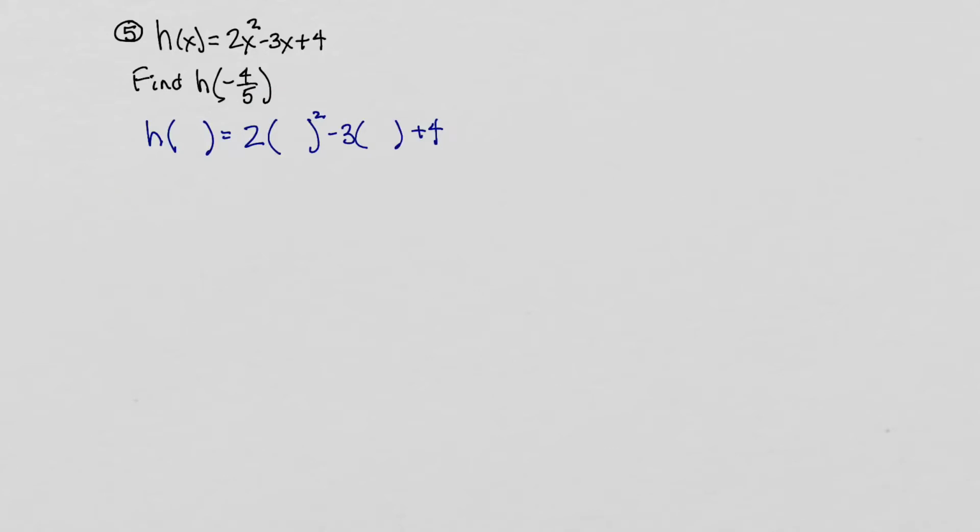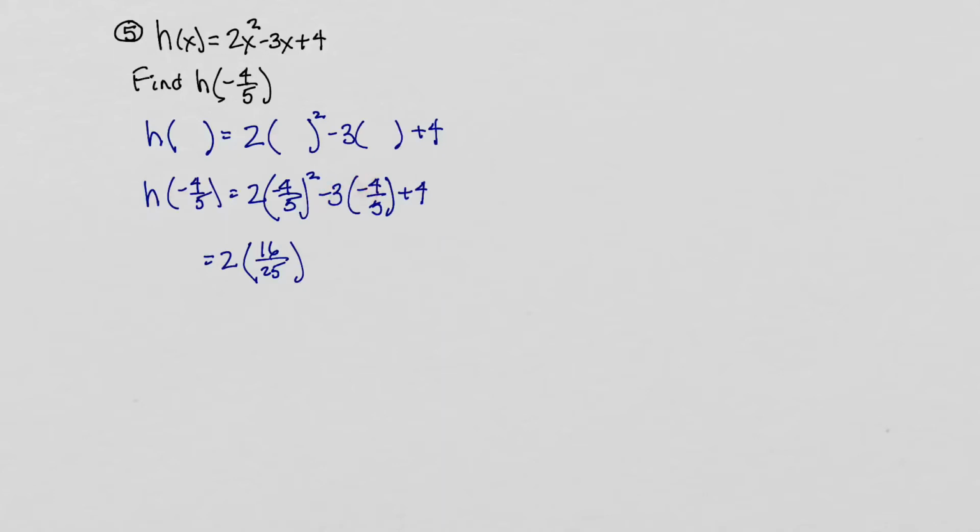We'll get h of negative 4/5 is equal to 2 times negative 4/5 squared minus 3 times negative 4/5. That's a negative over here, right? Negative 4/5, plus 4. Now it's a matter of computing. So let's compute the exponent first. So we'll get this is equal to 2 times, now negative 4/5 times negative 4/5 is positive 16/25.